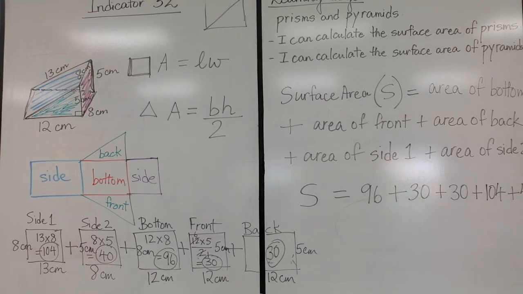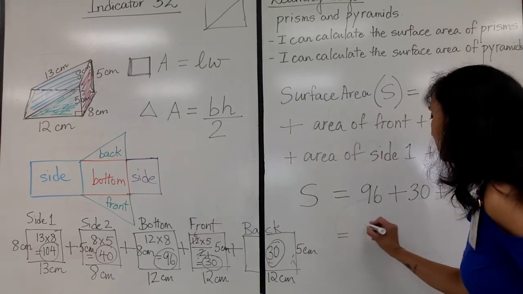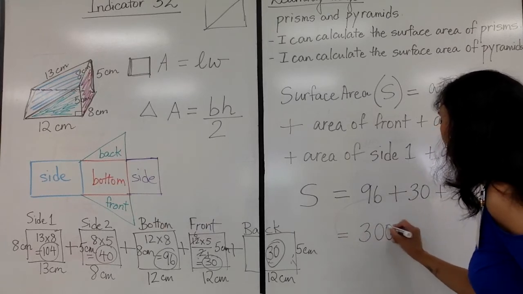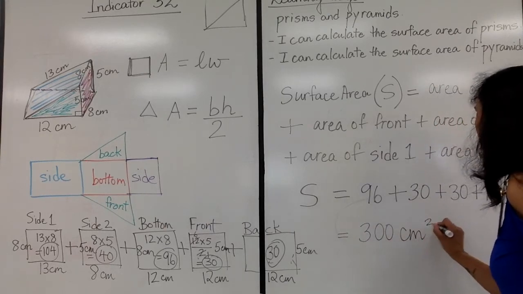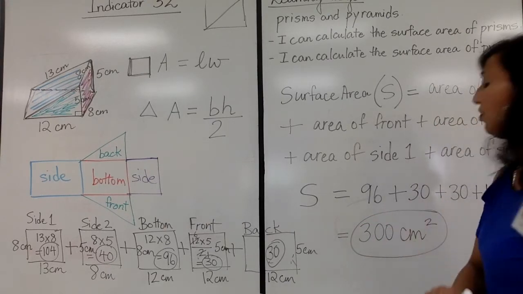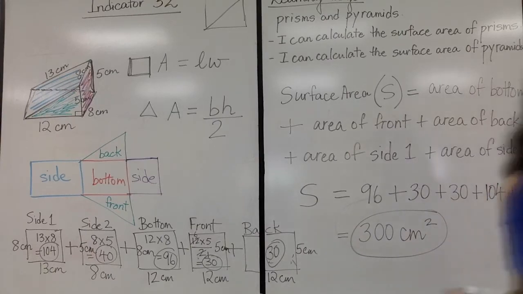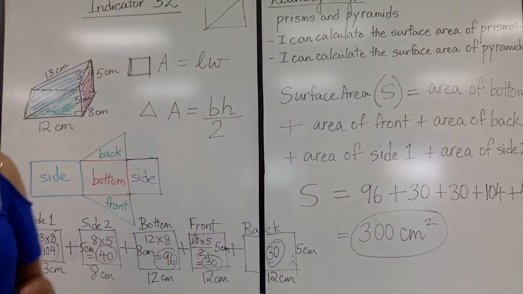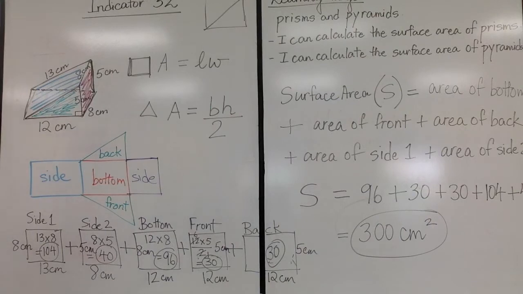Once I add this, 96 plus 104 gives me 200, and then 40, 30, 30 is 100. So 200 plus 100, my surface area is 300 centimeters squared, because surface area is in square units. So this is how you find the surface area of a triangular prism.